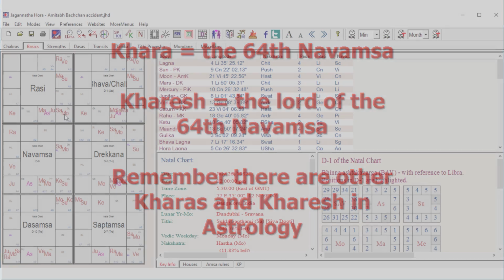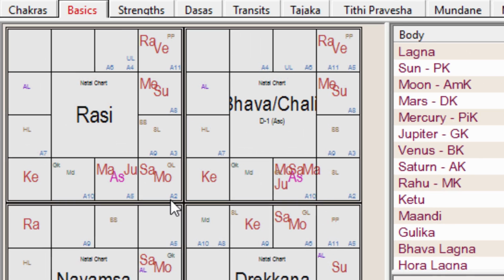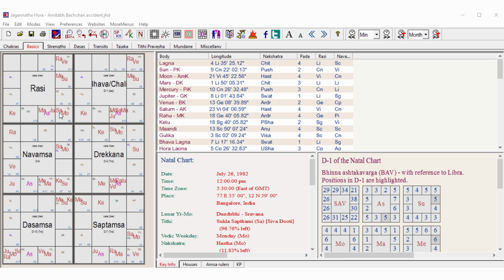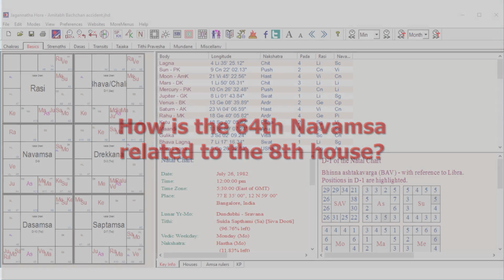So when Saturn and the moon came together in the 8th place from the Lagna of Mr. Amitabh Bachchan's horoscope, you find the accident happened. We are discussing the 8th house here, and what has the 8th house to do with the 64th Navamsa? Is there a relationship between the 64th Navamsa and the 8th house? So that's the next topic that we are going to cover.